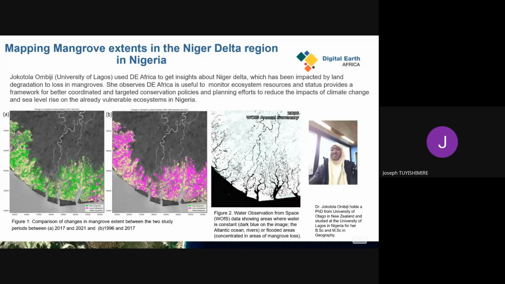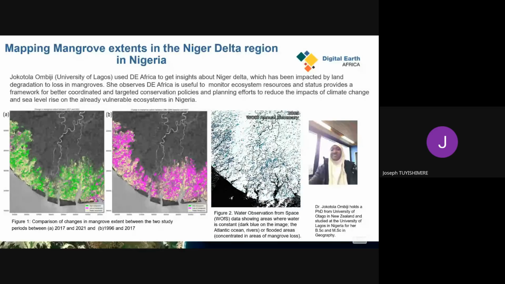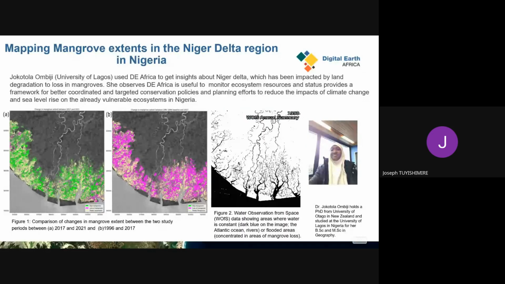Also, going to Nigeria, we thank Jokotola who used Reachable Lagos. She was able to map the degradation and loss of mangrove, and try to put it in the context of climate change impacts.